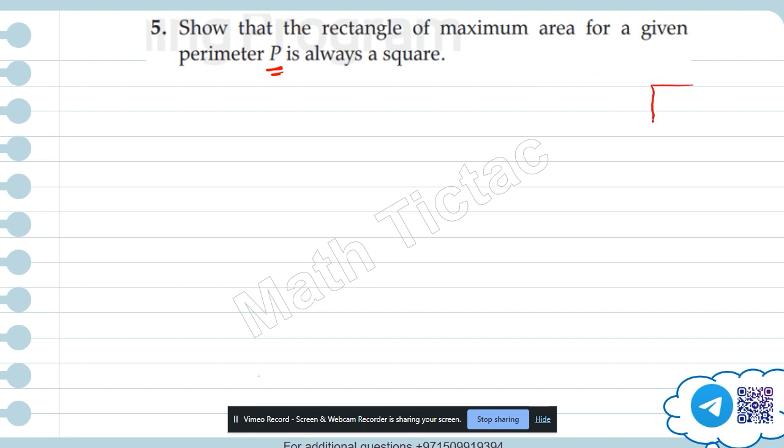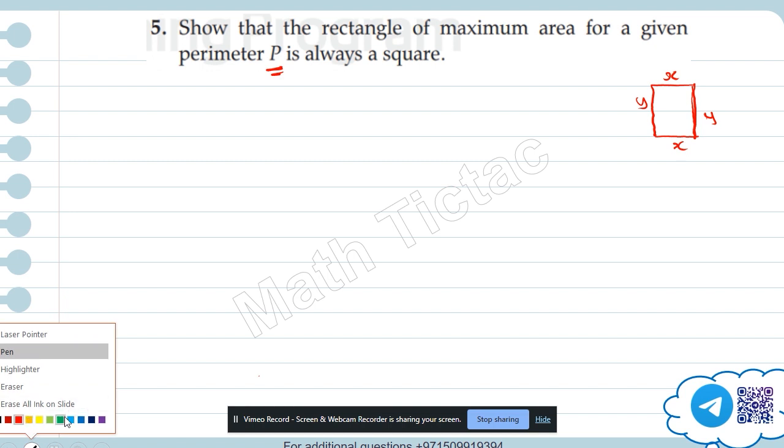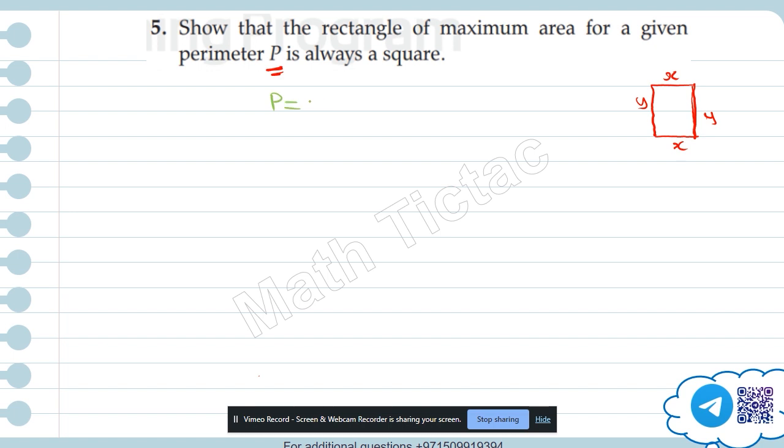So let's suppose that we have a rectangle. This is x and this is y, also x, also y. Let's see how we can solve this question. Here they have mentioned two relations. The first one is the perimeter, and the perimeter for the rectangle is 2x plus 2y.